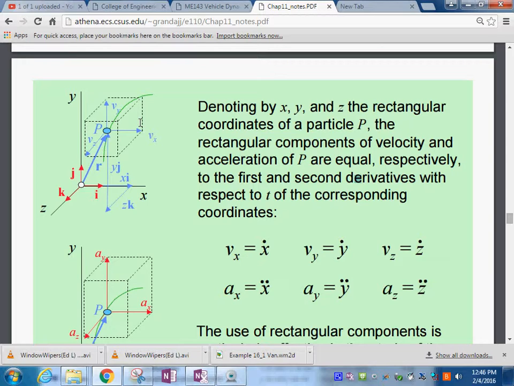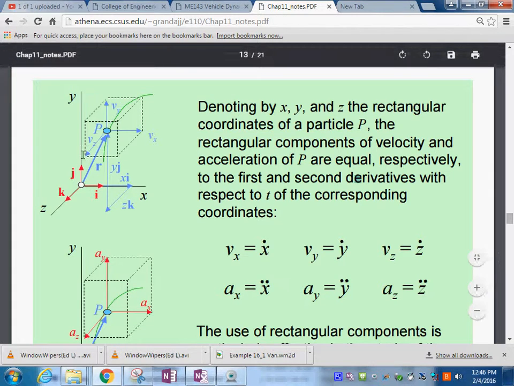So if you put the rectangular coordinates, and then we plot the rectangular components of the velocity and acceleration, okay, so you have these unit vectors, and you have the R vector which positions the center of the object here.